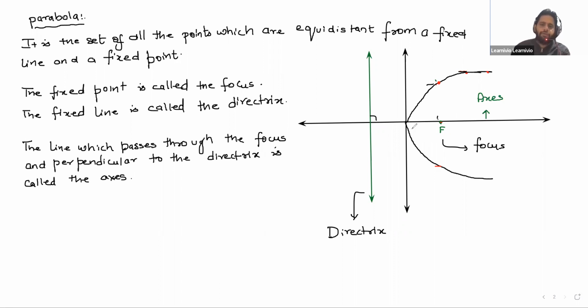Next, we have a vertex. This point is a vertex. So what is a vertex? The point at which the parabola cuts the axis.